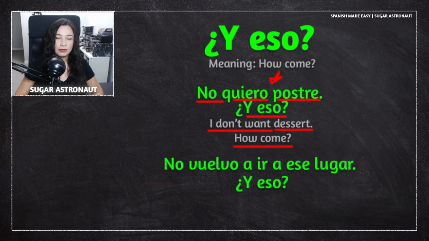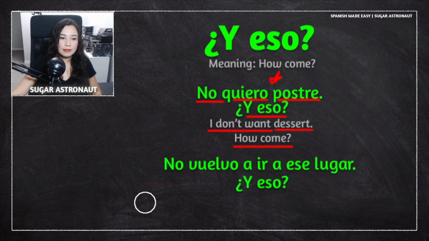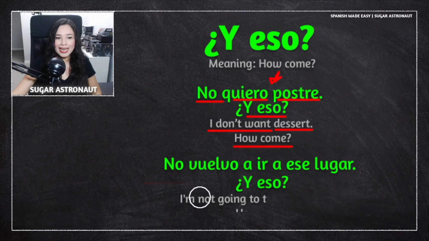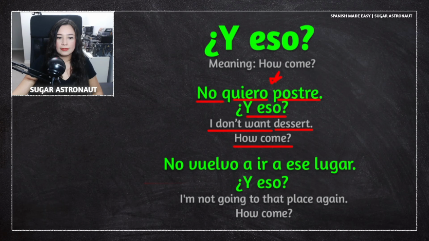So usually it's used in negative situations, and you just want to know the reason why. No vuelvo a ir a ese lugar means I'm not going to that place again. Okay? ¿Y eso? How come?